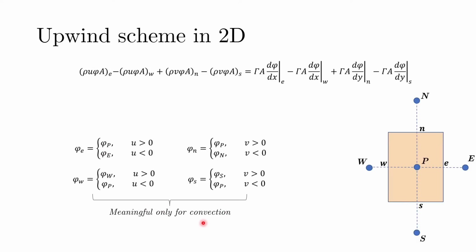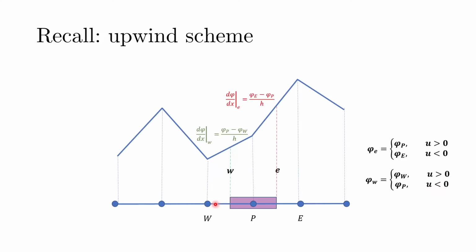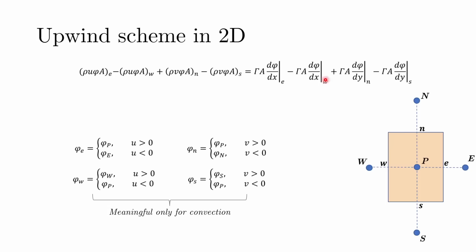This is only meaningful for the convection term, because if you remember, we are not doing anything for the diffusion term. When we looked at the 1D system, the diffusion terms are still taken to be a piecewise linearly approximated profile. So on the right hand side, again you would use the piecewise linear profile. For example, if you want to evaluate d phi over dy at the north face, it would simply be phi N minus phi P divided by the grid spacing.